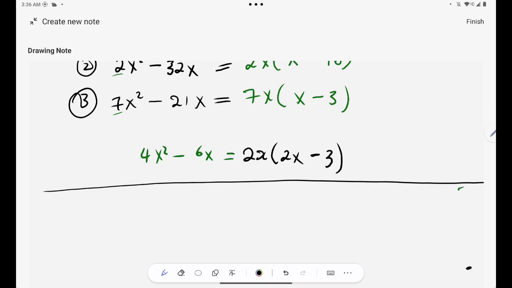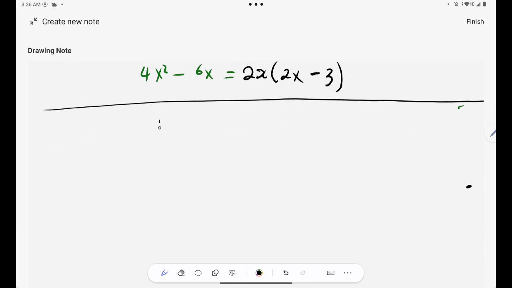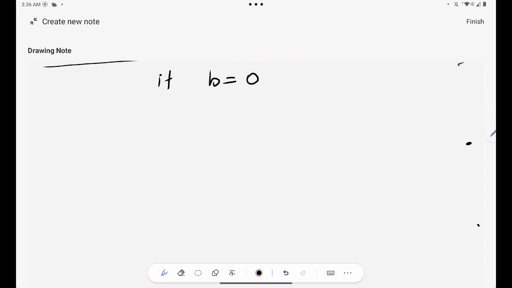Sometimes we have to factorize if the value of b is 0. What does this mean? It simply means that we don't have the middle term, we just have two terms, x squared minus 4, like this.